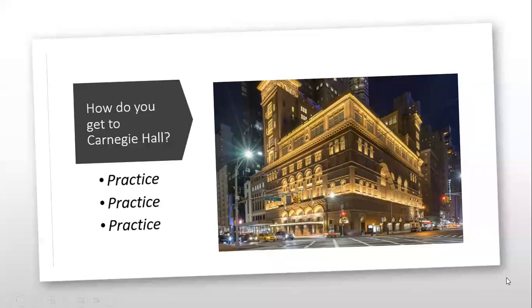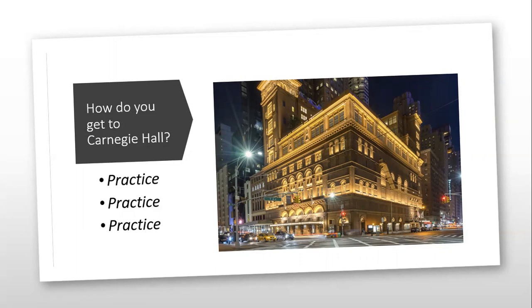Okay, so something else that you need is practice, practice, practice. I've already talked about this, but now I'm making another groaner joke here. There used to be a vaudeville joke about somebody trying to find their way to Carnegie Hall, famous music hall in New York City. You need to be a pretty great musician to play there. So how do you get to Carnegie Hall?